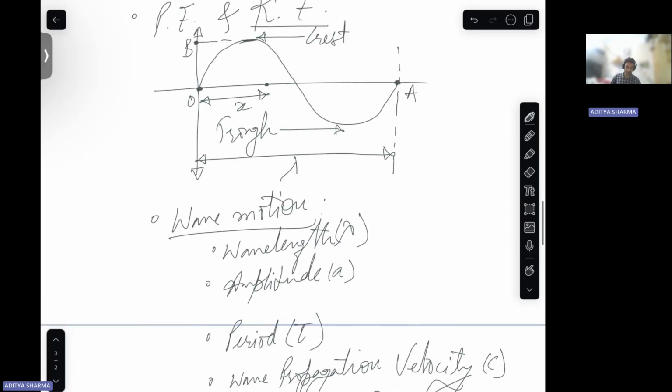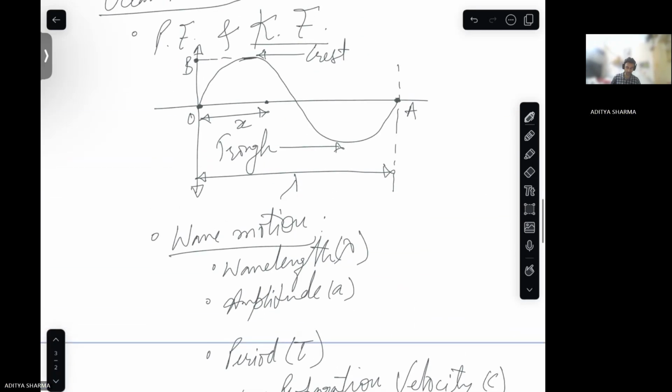You need to find the displacement of the water particle. That is why. So if you see this, this is one instance. It's not necessary that the wave has to be in this form only.